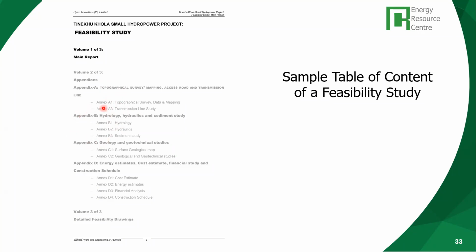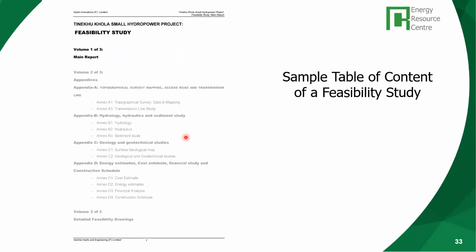Then the second appendix is hydrology, because the water availability is very important. So you have to prepare a good study on the hydrology and the hydraulics, because a lot of the design of a hydropower project is based on hydraulics.